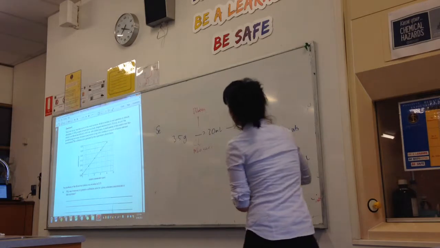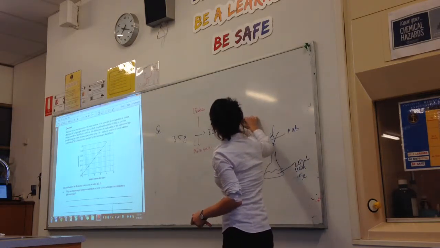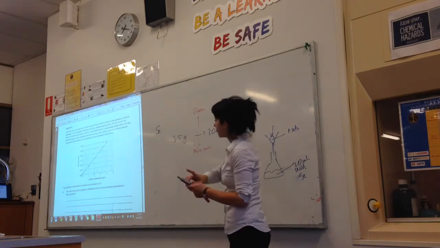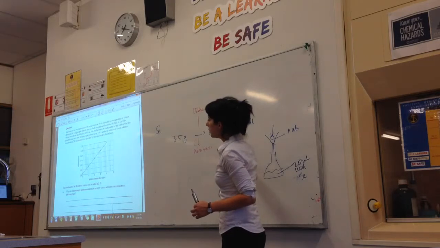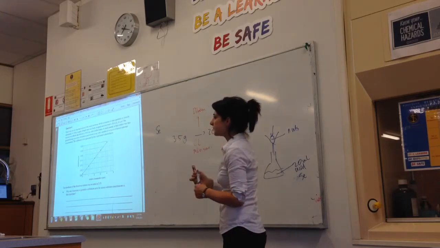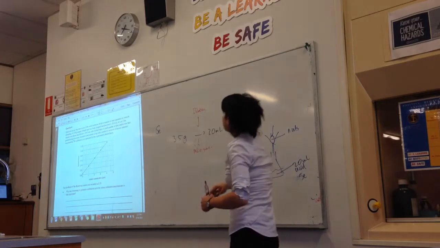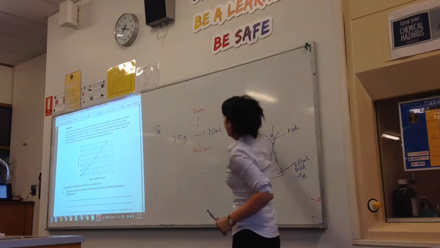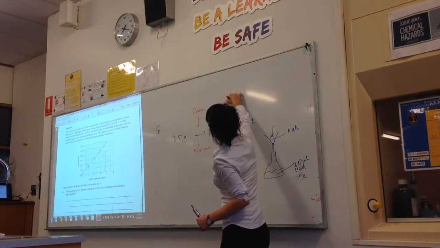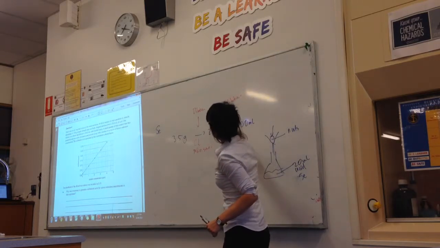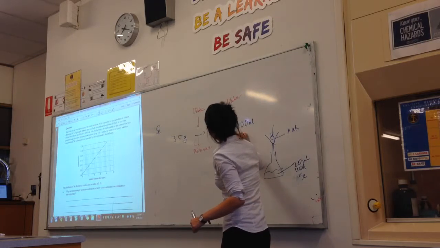Okay, and then it was made up to 100 mils. Are you happy with that? So it was another dilution. Concentration decreases, mass and moles the same.